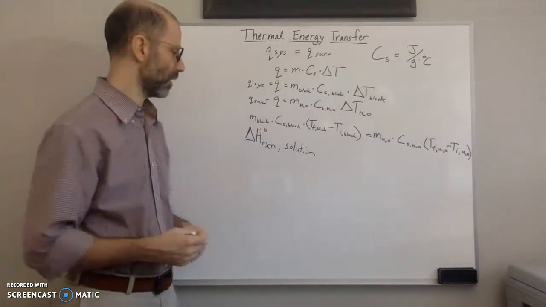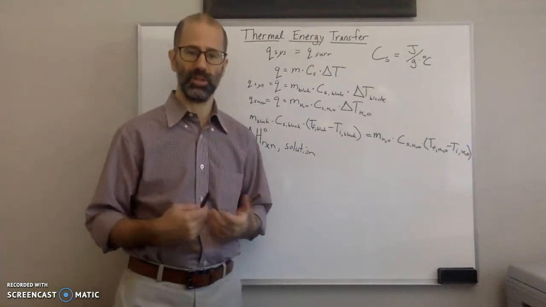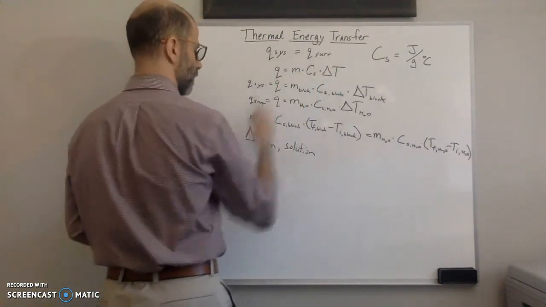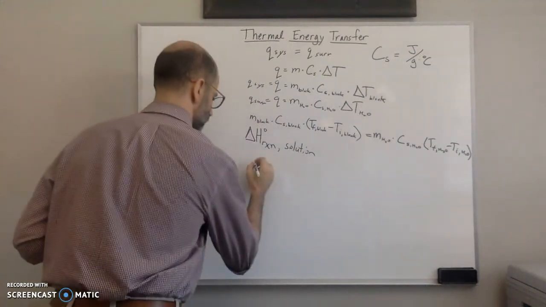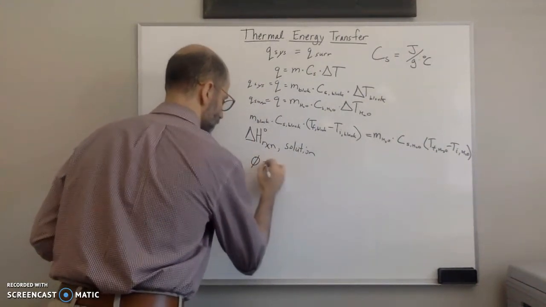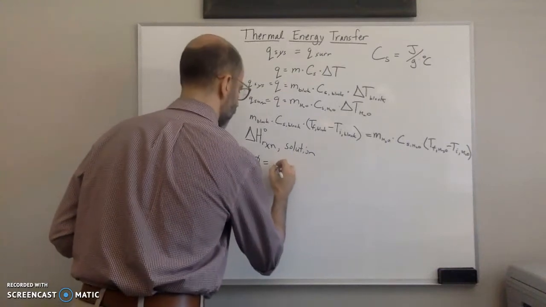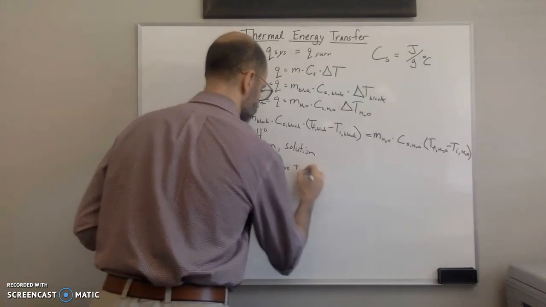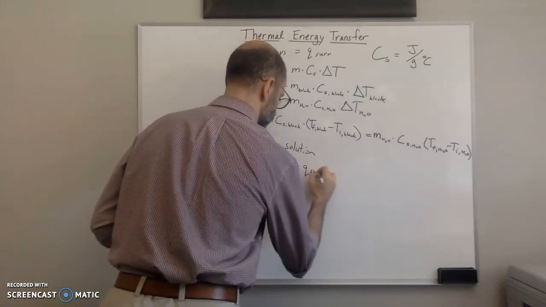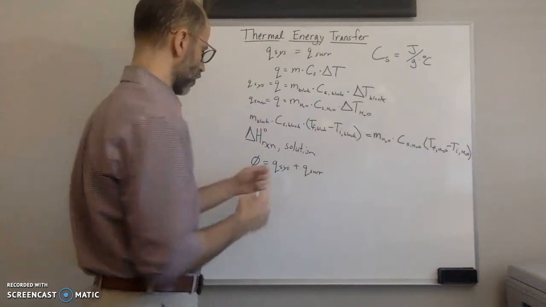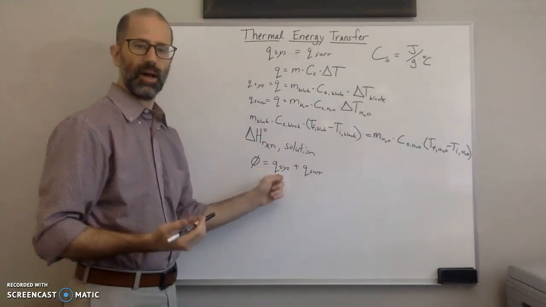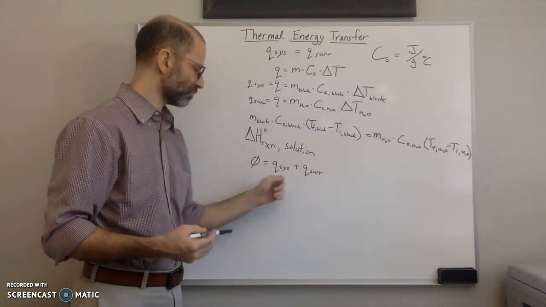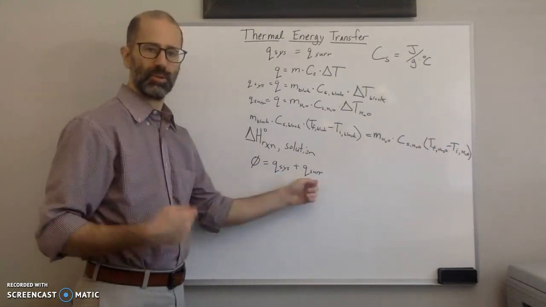Is it absorbing heat? Now, to make this a lot simpler, this is what I suggest. Instead of writing it this way, you should write the equation this way: 0 is equal to Q of the system plus Q of the surroundings. And these are going to be opposite in sign.